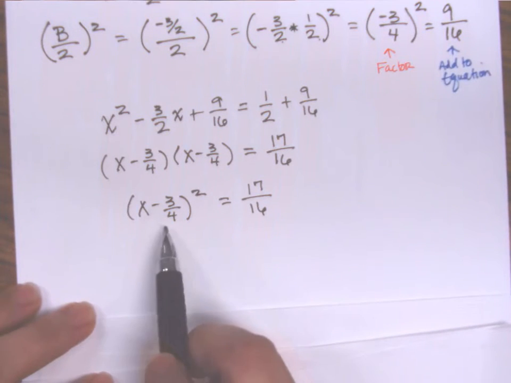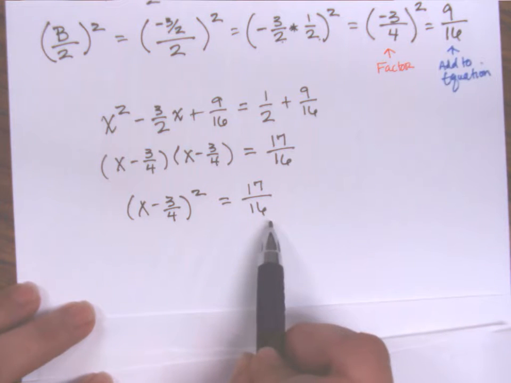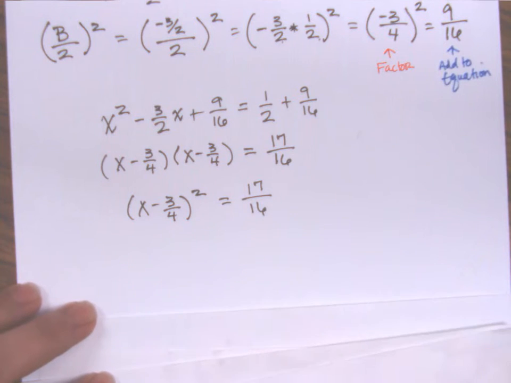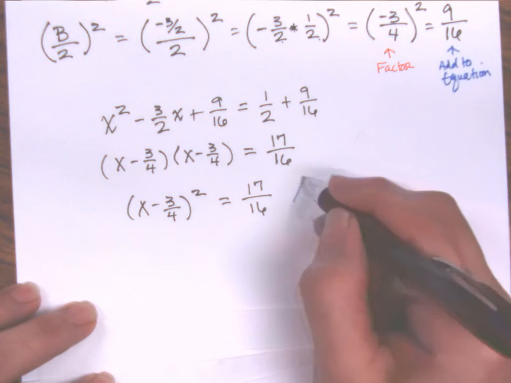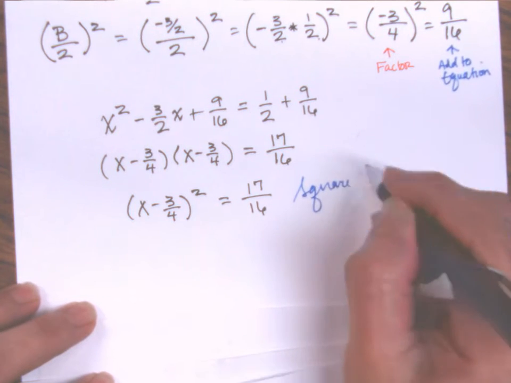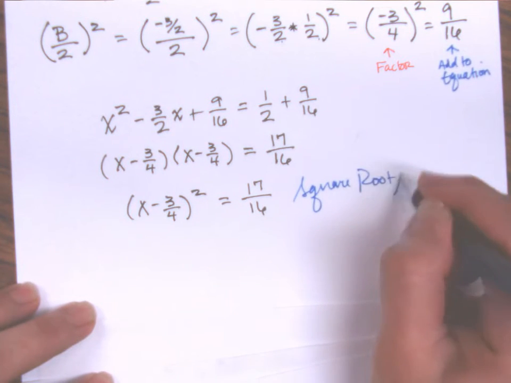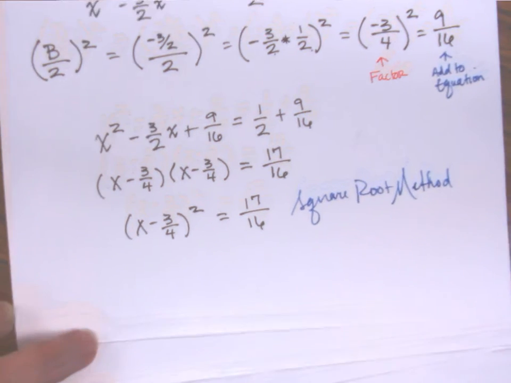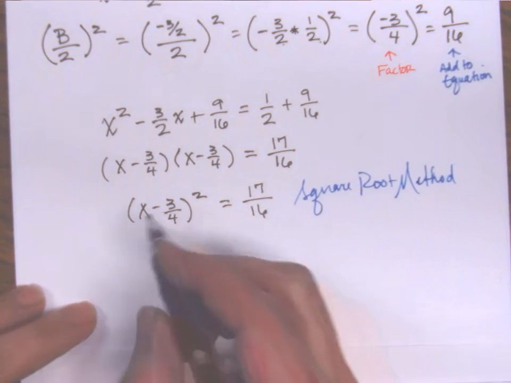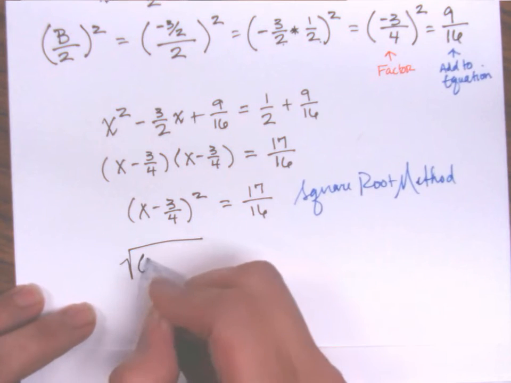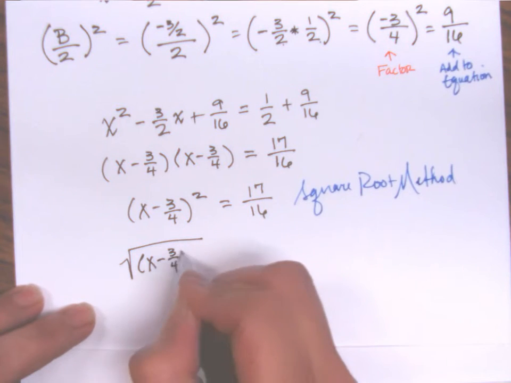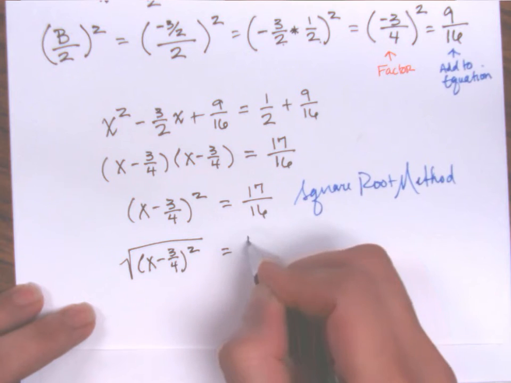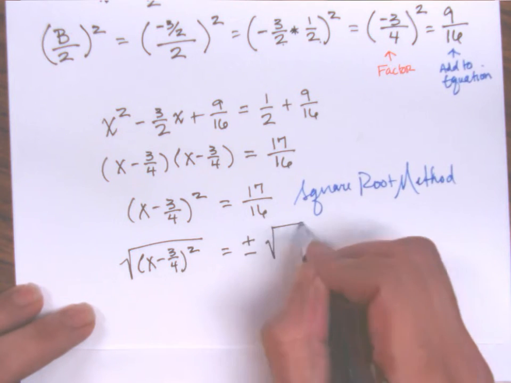And now I have something squared equals a number. I can use my square root method. Remember to add your plus or minus sign. We cannot forget about that.